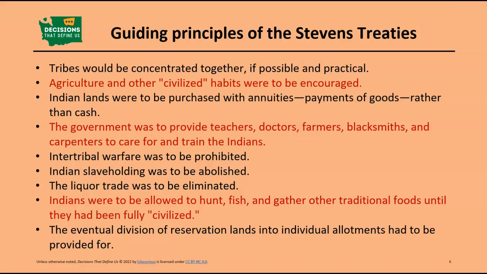Okay, civilized is kind of a loaded term, and in this case, we're going to read it to mean white or European habits were to be encouraged. And I want you to stick a pin in that because we're going to come back to it in a little bit. Okay. Native lands are purchased with annuities, payments of goods that occur across time rather than cash. So annuities, big thing you got to know is it's payments across time. Okay. And in the case of these specific annuities, they're goods, not cash.